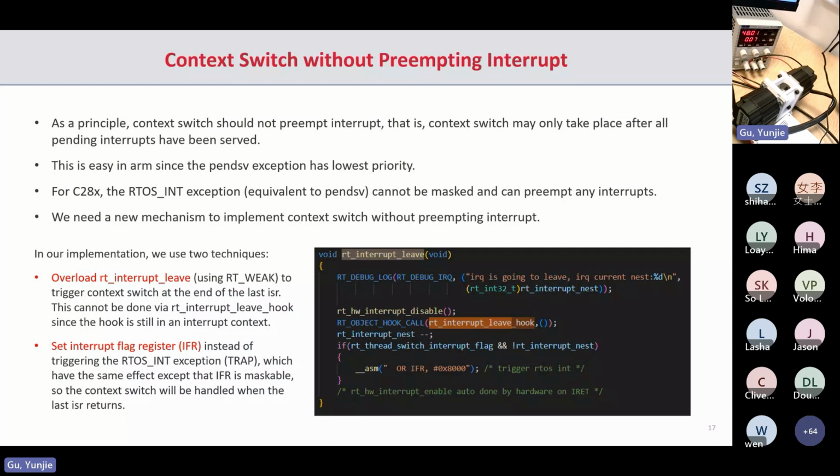Basically what we do is to see if there's any nested interrupt being handled. Only when all the interrupts have been served do we trigger this context switch. And this ensures that the context switch will not preempt an interrupt.